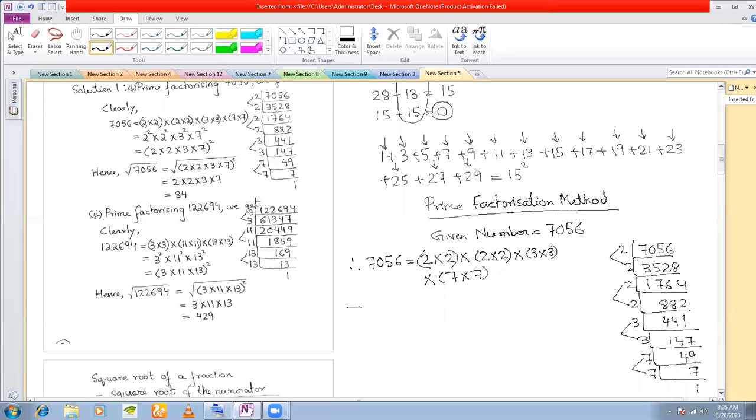So therefore, this can now be written as 7056 is equal to 2 square into 2 square into 3 square into 7 square.